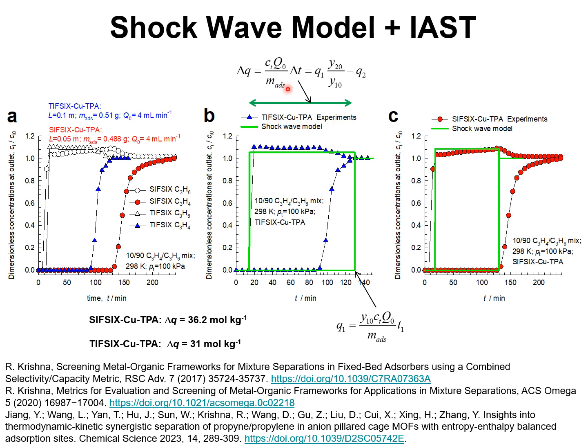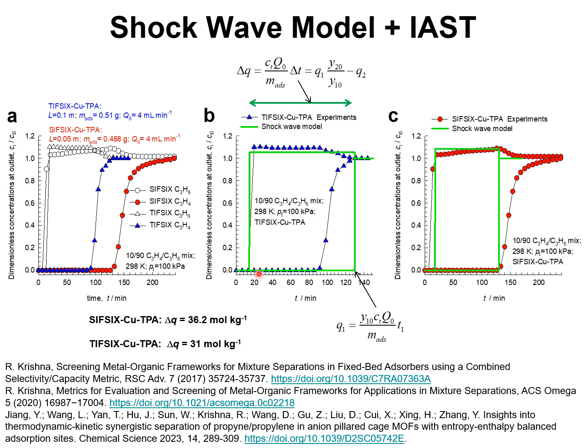So the productivities of purified propene can be determined from IAST calculations, provided we resort to the simplified shockwave model. The calculated delta Q values for the productivities for CIF6 copper TPA is 36.2. This is shown here. And for TIF6 copper TPA, the productivity value is 31.